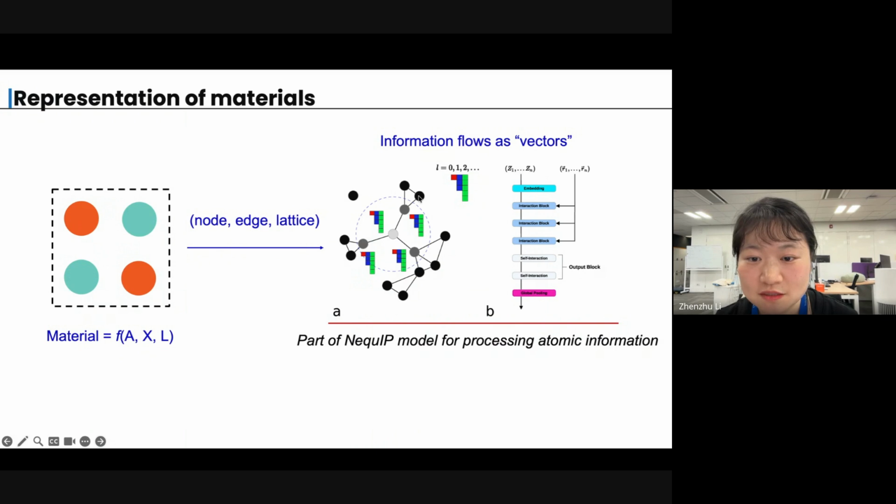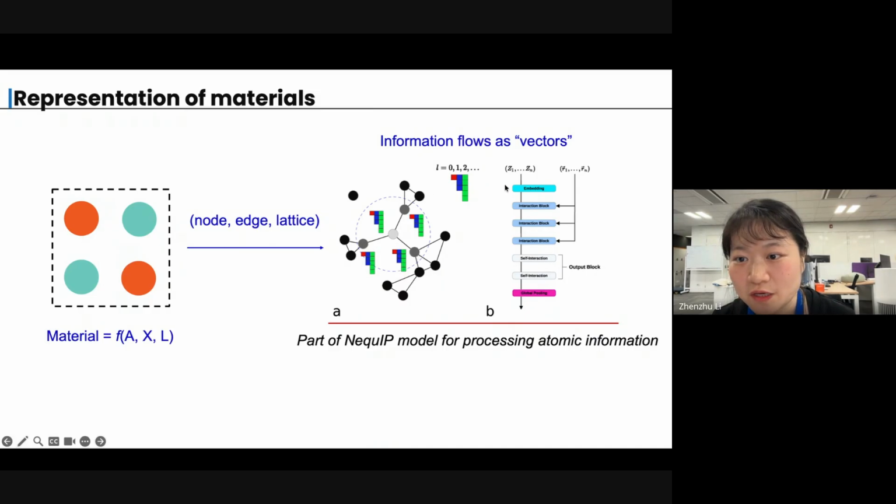As we can see here, for representing the materials, we have the nodes to represent the atoms, and then within the cutoff, we take the edges, or the bonding between the different atoms. Because the NequIP model uses message passing, there are message passing interactions between the different blocks.